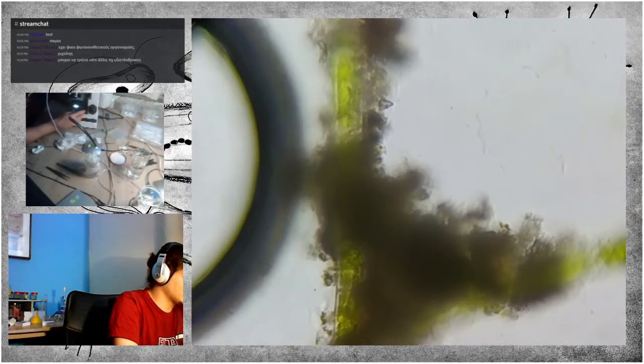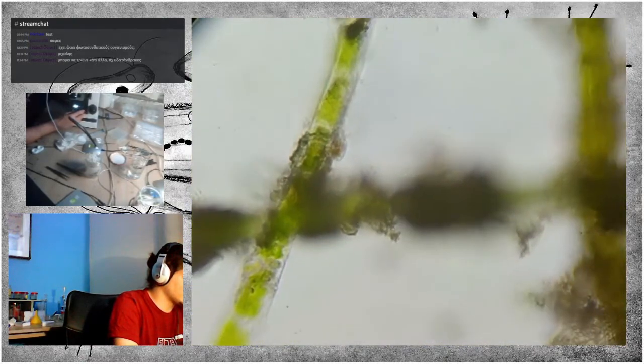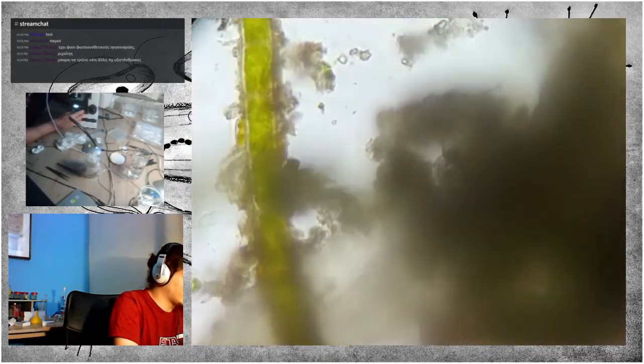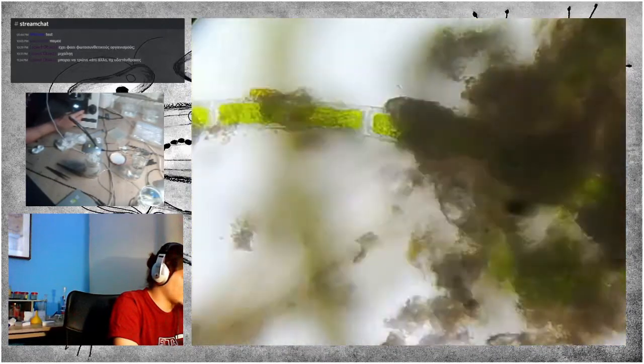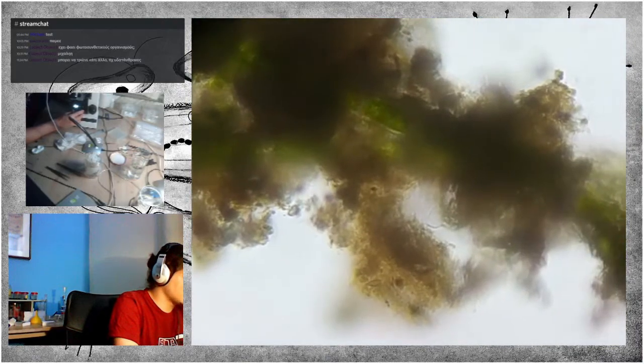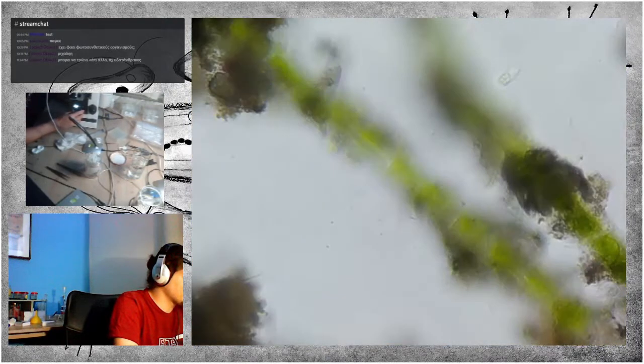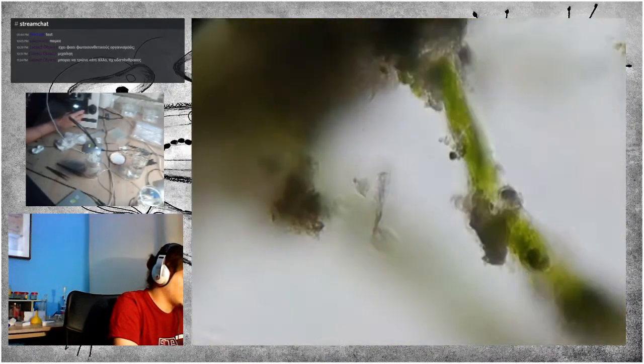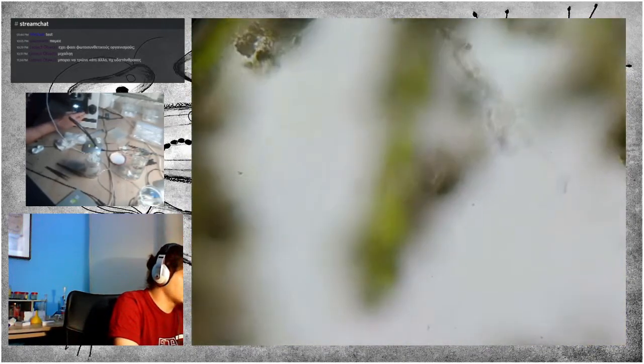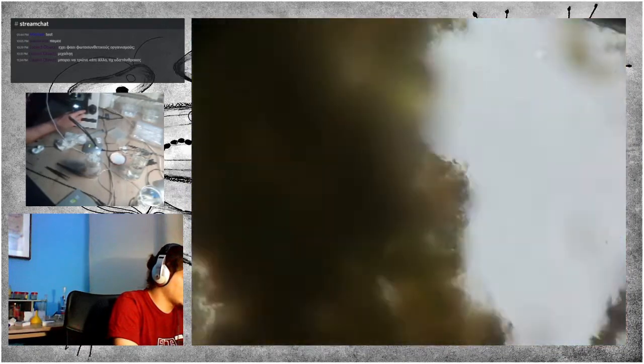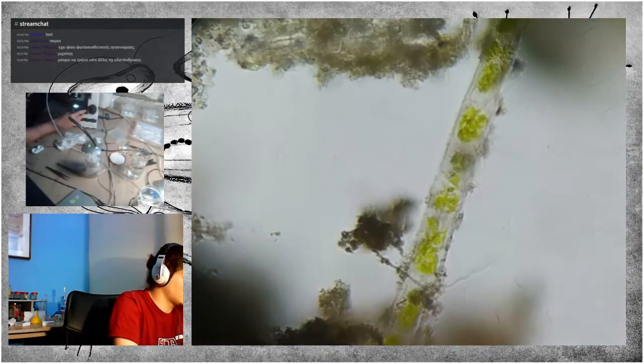The other thing that I would like to find today, but I don't think I'll find, is Vorticella. It is basically one of my favorite microorganisms. They are bell shaped with a long stalk, and they are filter feeders too.